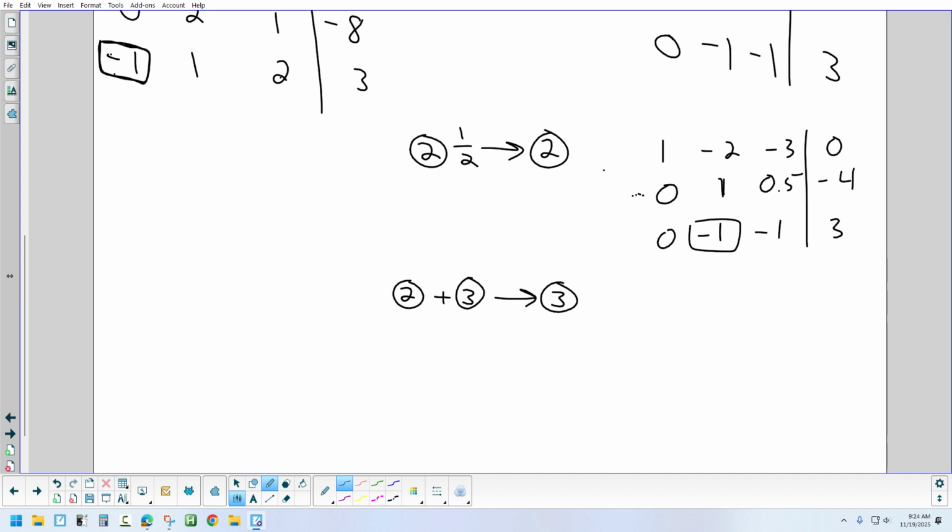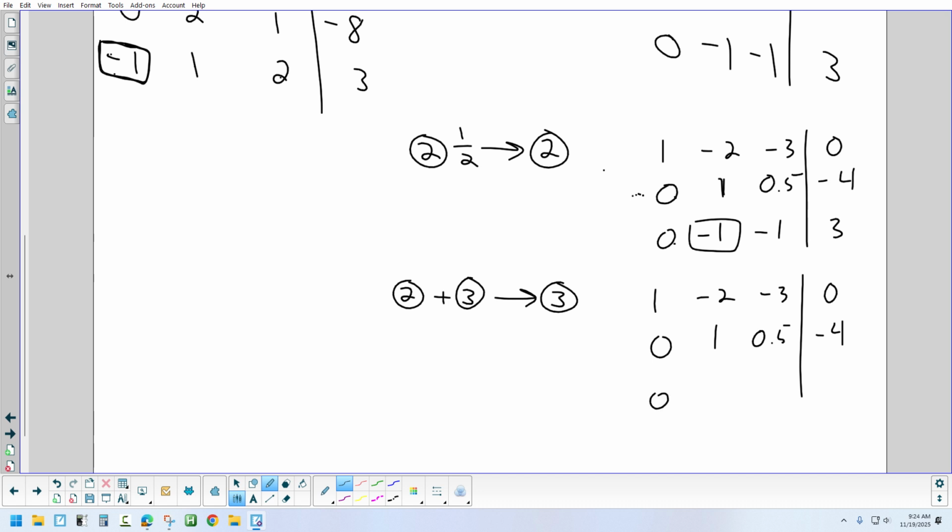Okay? So 1, -2, -3, 0. 0, 1, 0.5, -4. And now let's do what it says here. Add row 2 to row 3. What's 0 plus 0?